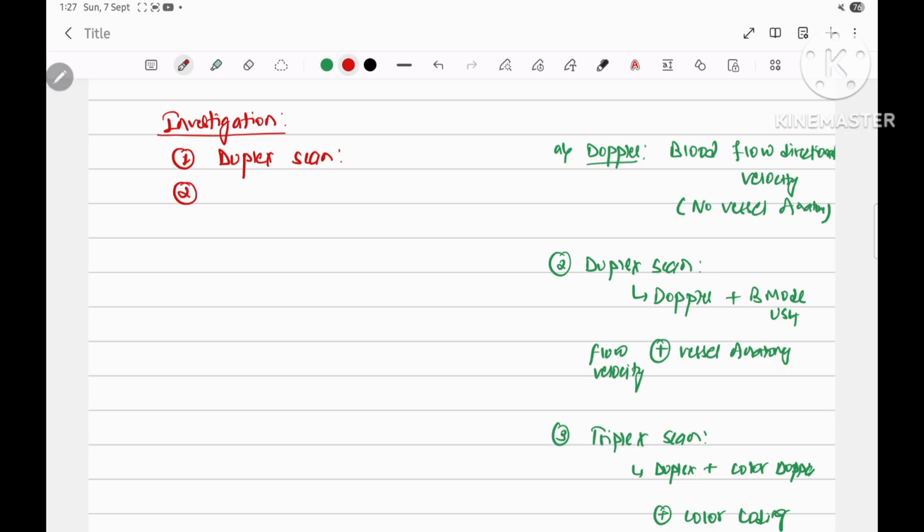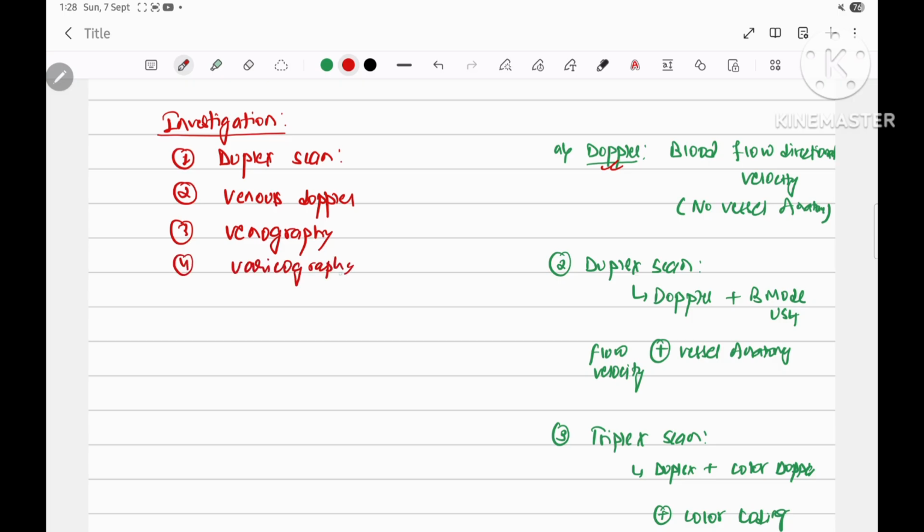The second investigation which we can do, but these are not necessary and not usually done nowadays, is the venous Doppler. Other investigations, like we can do venography. The fourth one is varicography.